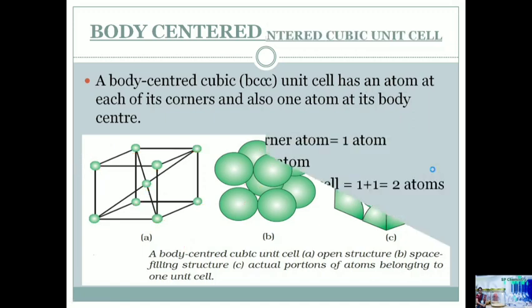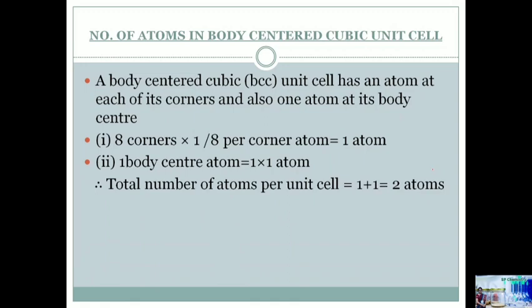Now we will calculate the number of atoms in a body centered cubic unit cell. A body centered cubic unit cell has an atom at each of its corners and also one atom at its body center. So for 8 corners, the contribution will be 8 into the contribution of each atom per unit cell, which is 1 by 8. So 8 into 1 by 8, 1 atom.